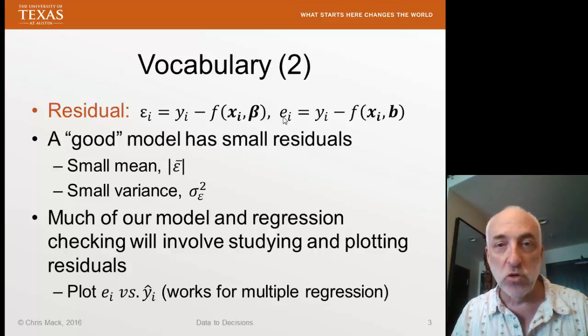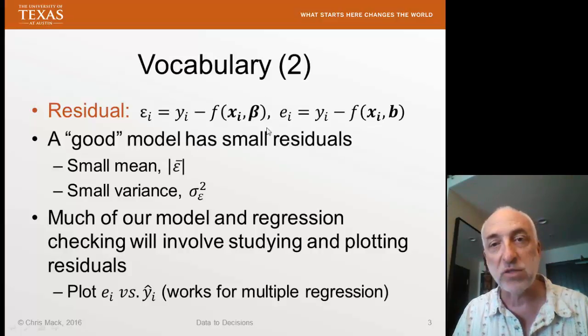So if we knew the model coefficients exactly, if we knew what all the betas were, then for any given set of inputs, the difference between our model and our data would be the true residual, which I'll give the symbol epsilon.